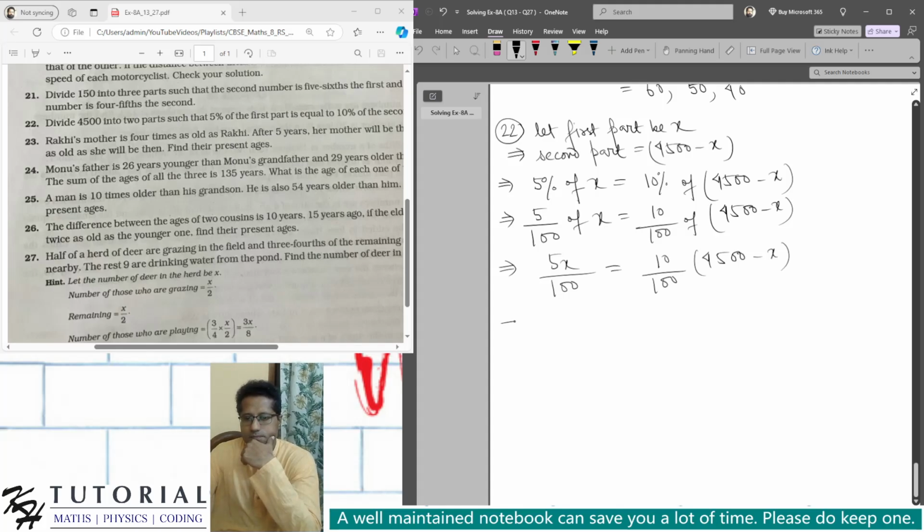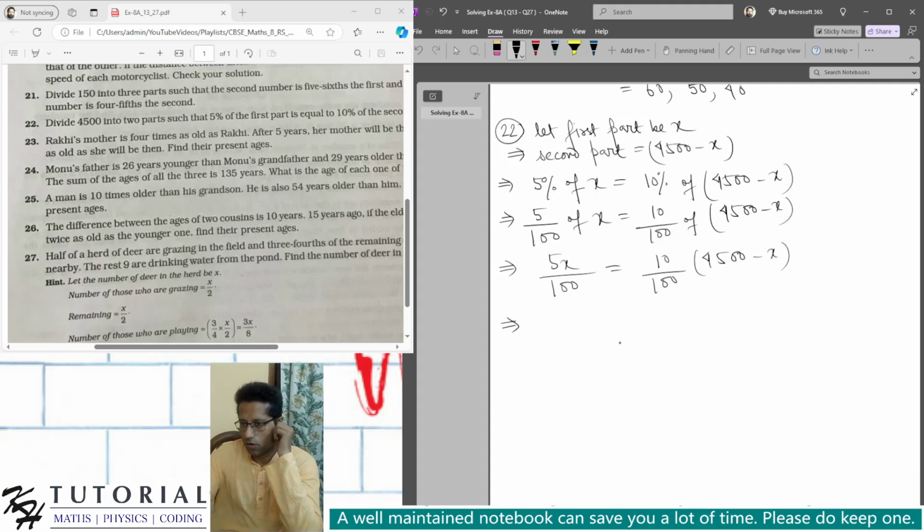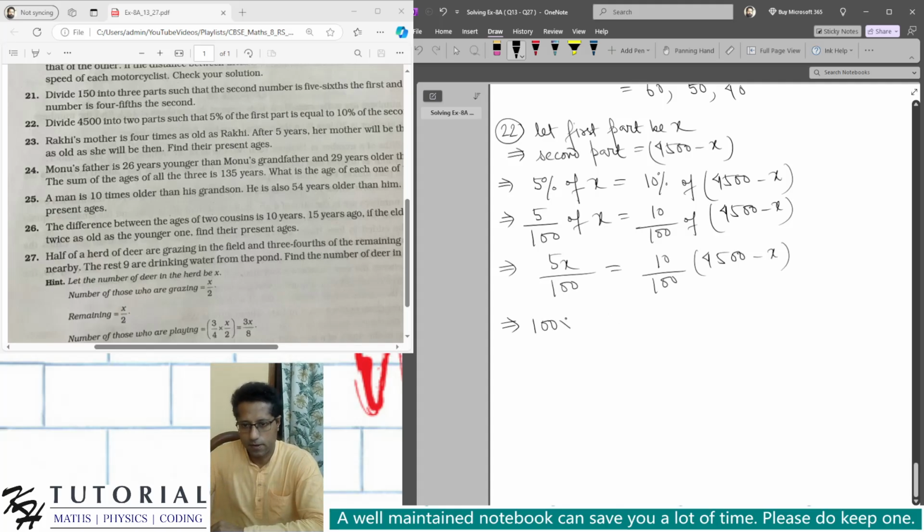Now we see both the LHS and RHS are in rational form, where the denominators are both 100. So I would like to multiply both the LHS and the RHS by 100. After further simplification, we get 5x is equal to 10 into 4500 minus x.